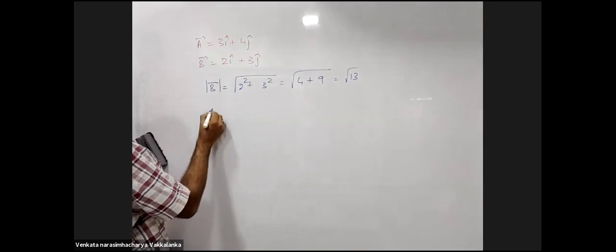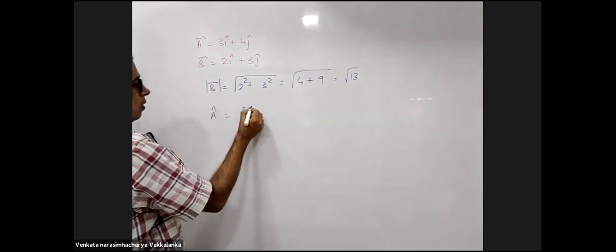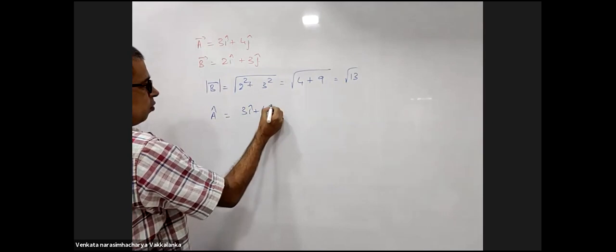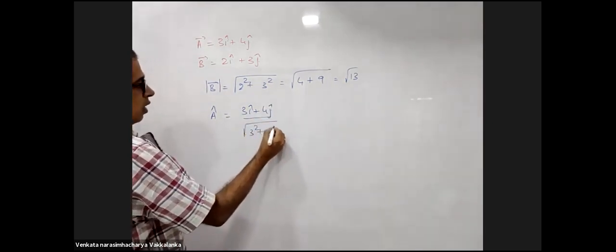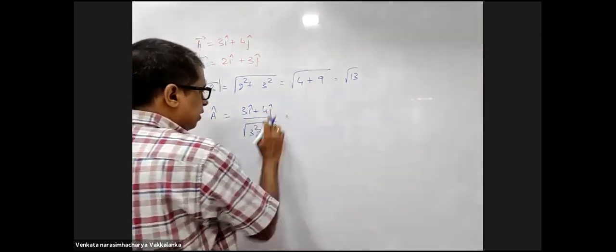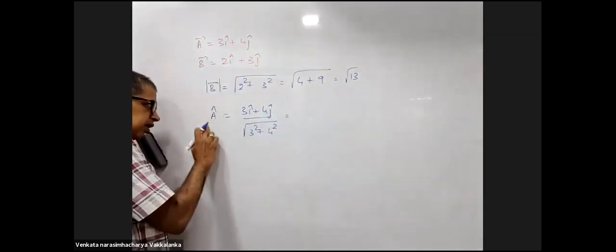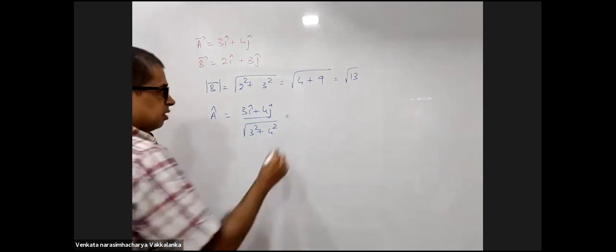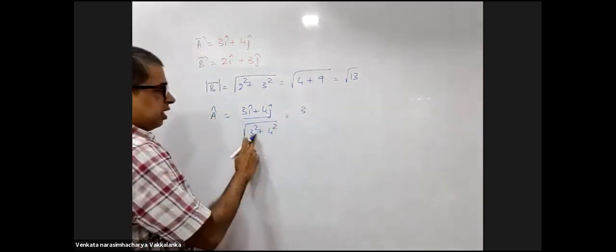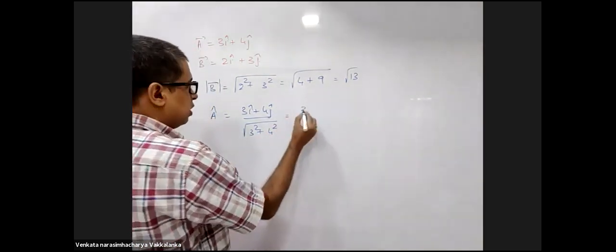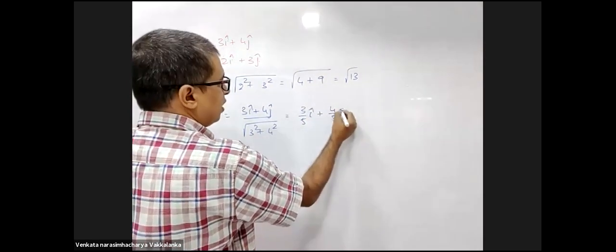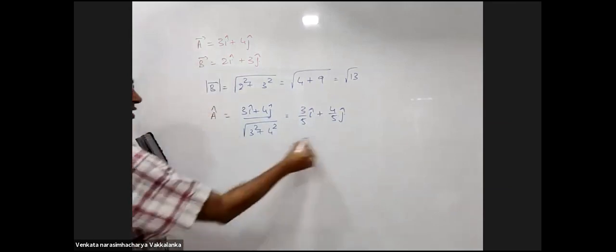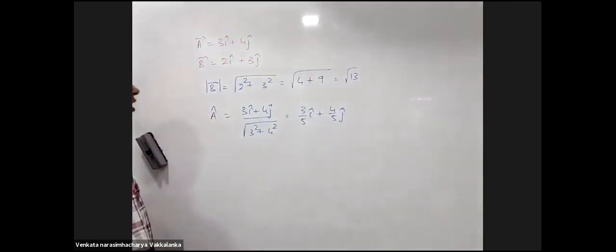How do I get the direction of A? 3i cap plus 4j cap over root over of 3 square plus 4 square. Vector divided by its magnitude, I get the direction. So this will be 9 plus 16, 3 by 5i cap plus 4 by 5j cap. This is the direction, this is the magnitude.